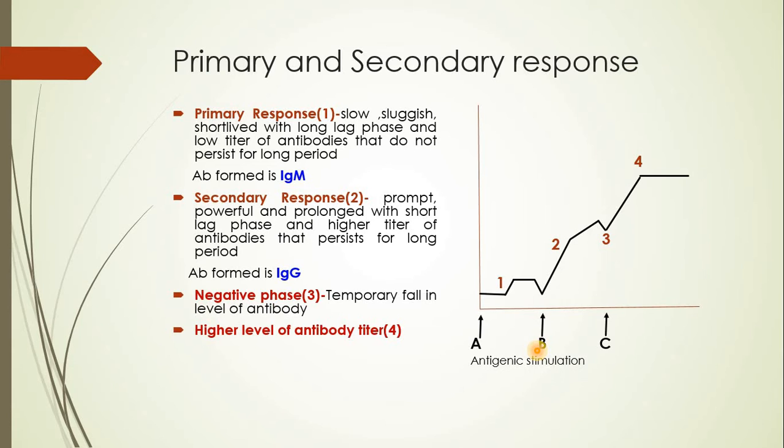Whereas when an antigen is injected into an animal already carrying the specific antibody, there is a temporary fall in the specific antibodies which are synthesized. This is because the antigen binds with the antibody, and this phase is called the negative phase, right?